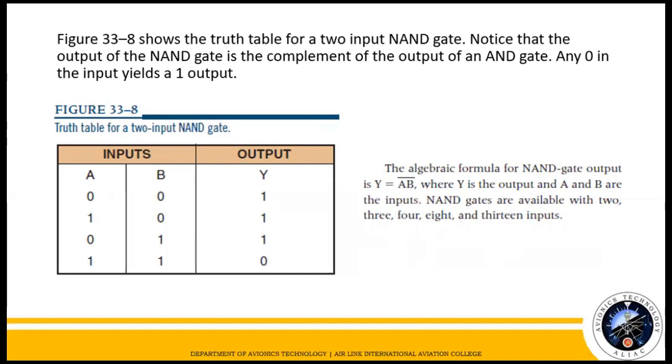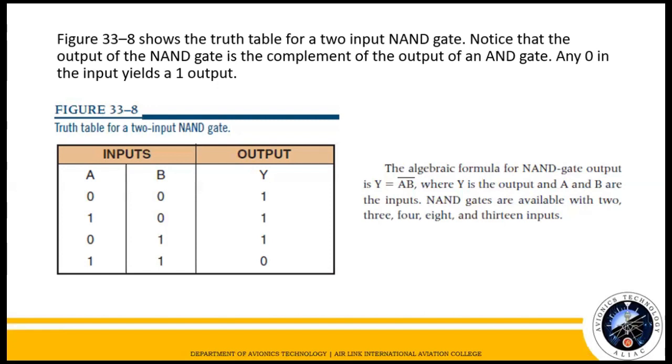Kaya kung mapapansin nyo sa inputs A and B, para siyang merong input na 0 or sabihin natin low, yung output niya ay high. And then input niya sa A ay 1 and input niya sa B ay 0, meron siyang output na 1. But if both inputs are high or there's an input of 1, then the output is 0.